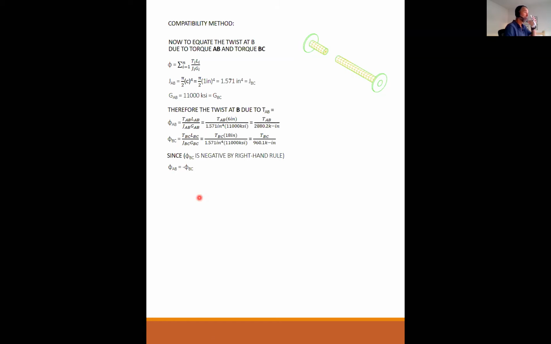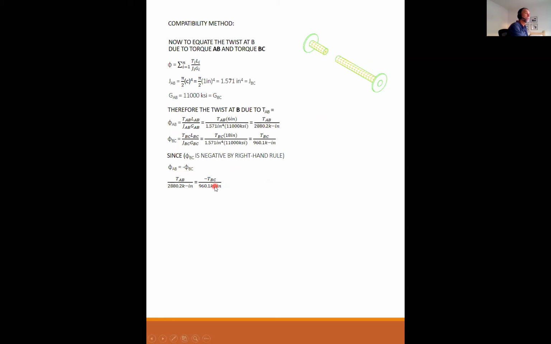Okay, good. So therefore, here's the big substitution. Phi AB is equal to TAB over 2800. So that goes here. And phi BC is equal to TBC over 960.